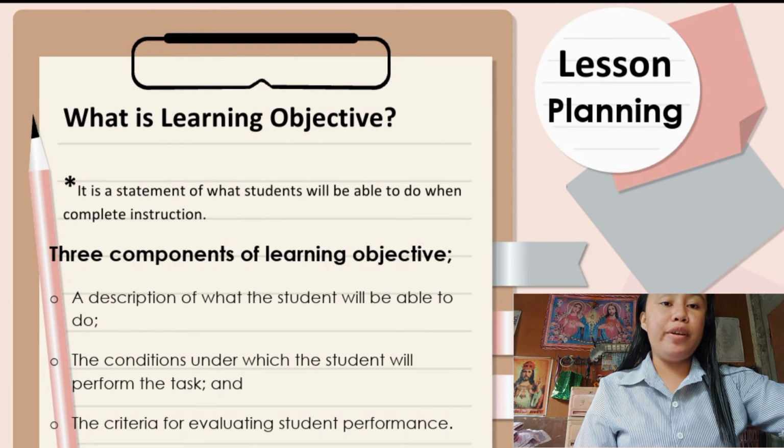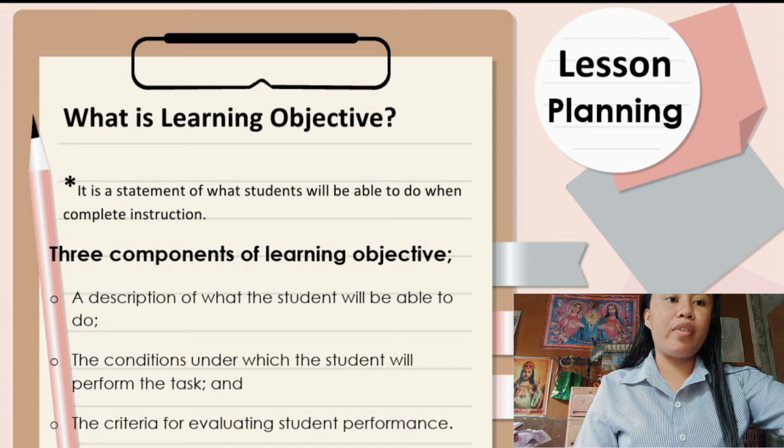Next is the management of instruction, which is the lesson planning. So, what is a learning objective? A learning objective is a statement of what students will be able to do when they complete instruction. The learning objective has three major components.